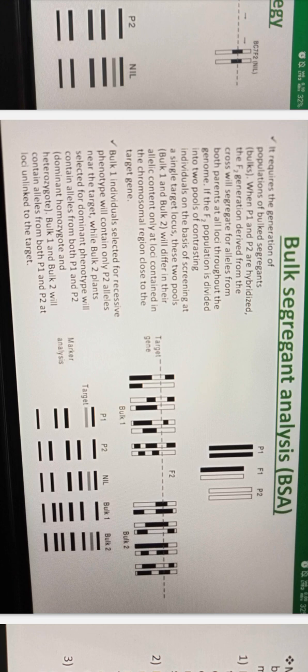Bulk 1, individuals selected for recessive phenotype, will contain only P2 alleles near the target, while bulk 2, plants selected for dominant phenotype, will contain alleles from both P1 and P2, dominant homozygote and heterozygote. Bulk 1 and bulk 2 will contain alleles from both P1 and P2 at loci unlinked to the target.